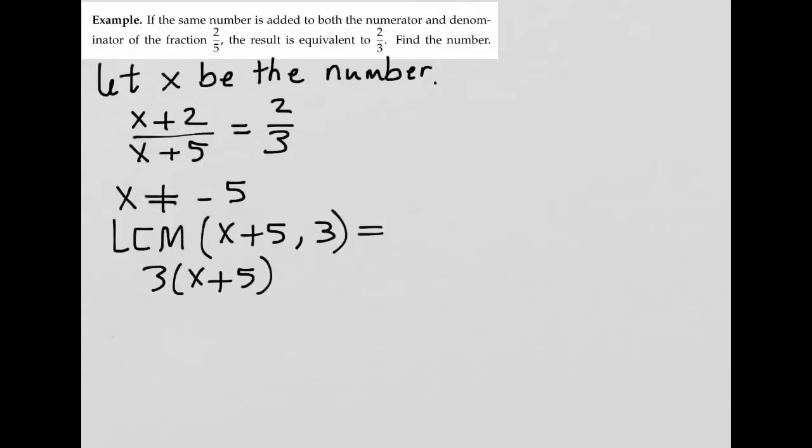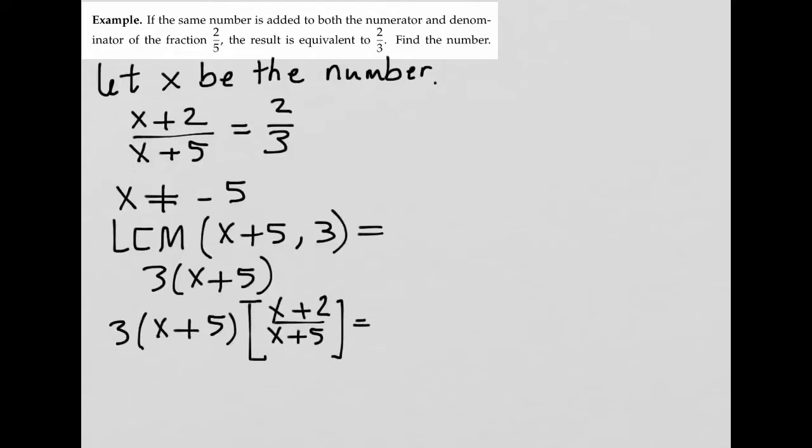If we multiply both sides of this equation by the LCM, we get 3 times x plus 5 times x plus 2 over x plus 5 is equal to 3 times x plus 5 times 2/3.